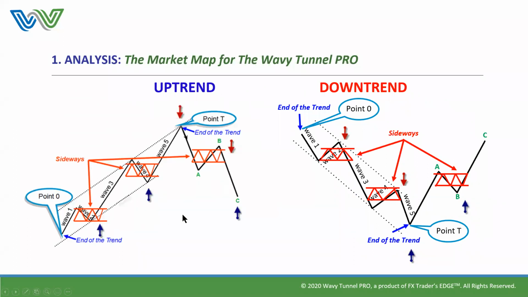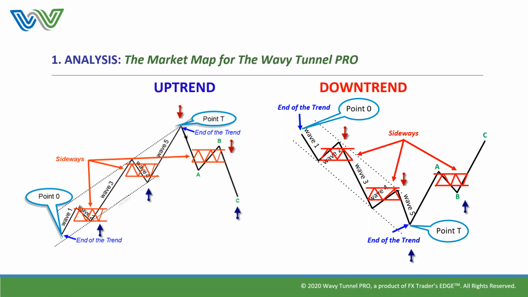And since the markets are fractal, which means that the markets repeat themselves over and over again, this market map can apply to any different time frame. This can be the very big picture, so looking at the monthly, the weekly charts, and it can also be the 1-minute chart.